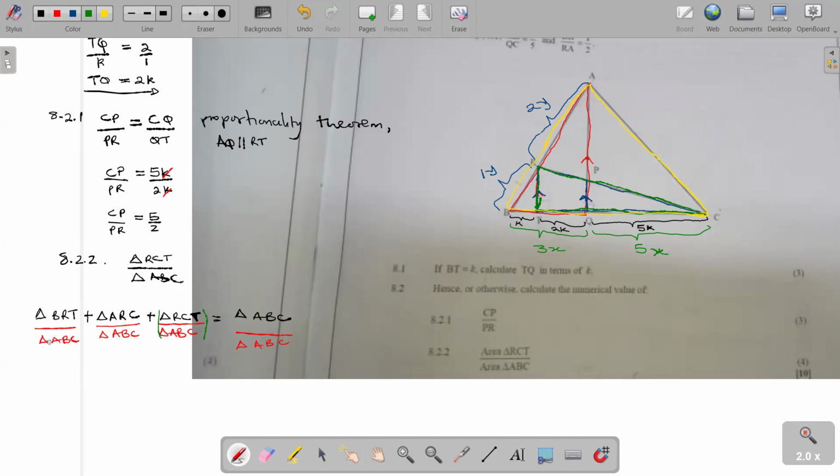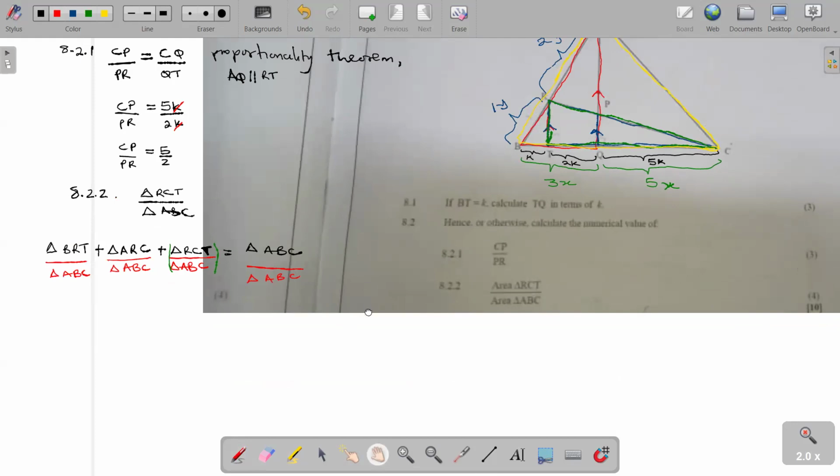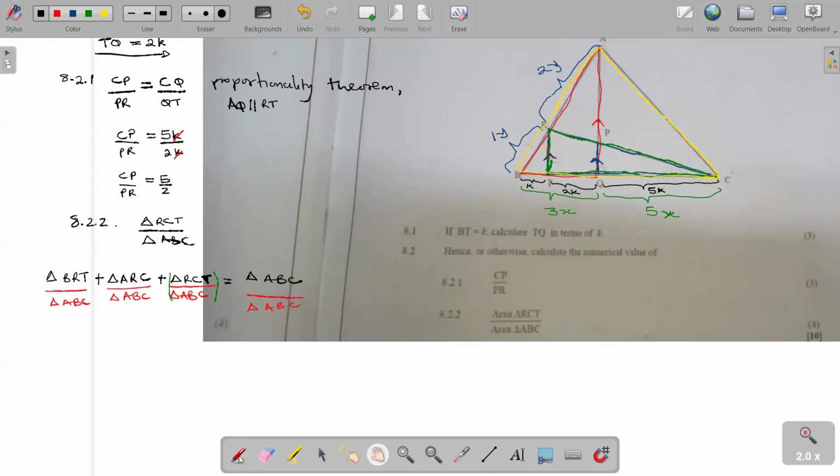So to get the area of triangle BRT there, remember, using the area rule, the area of triangle ABC is given by half AB sine C.